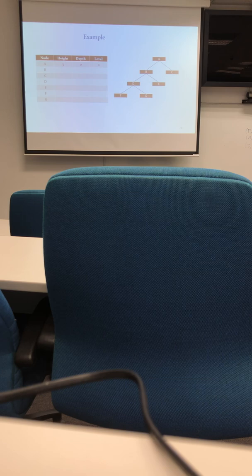Can I have a quick answer, please? 2. Yeah, good. BE is also a path, but BE is not the longest. The longest is BDF. So this longest path has 2 edges. So that's why the height of B is 2.